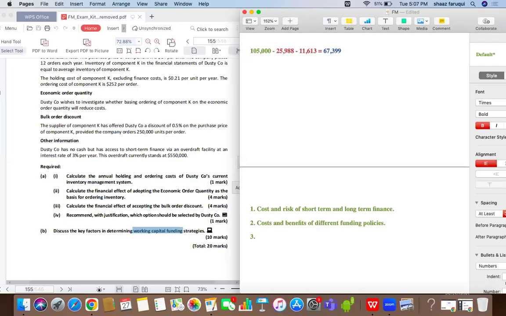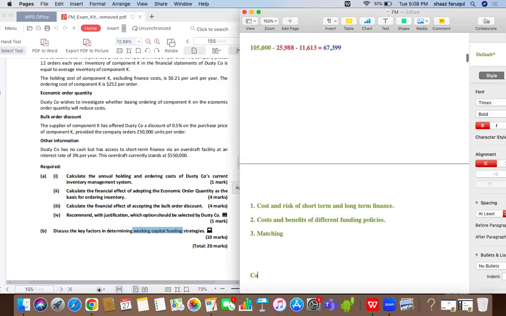Another thing we need to keep in mind is that we need to map, and the best word used in the textbook is match. Matching needs to be done. If I want to fund current assets, I can use short-term finance.